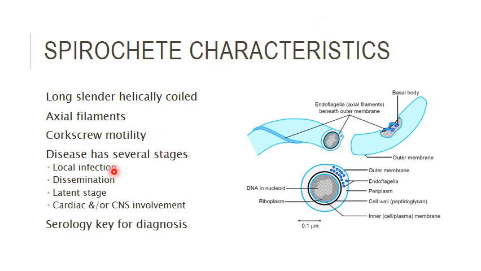Generally speaking, they'll start out with a local infection where the organism has penetrated the immune system, followed by dissemination. Almost all have a latent stage, and that can be variable from just a few days or weeks to months or years. And then they all also have the ability to cause cardiac and or central nervous system involvement.